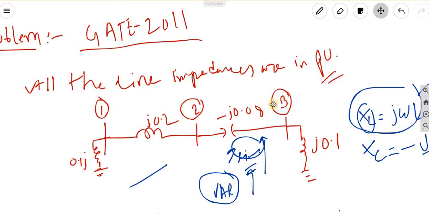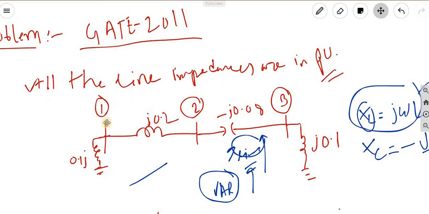Either per unit or actual value. If all the values are per unit or all in actual value, there is no problem. But if some are in per unit and some in actual values, you have to take care of that firstly.